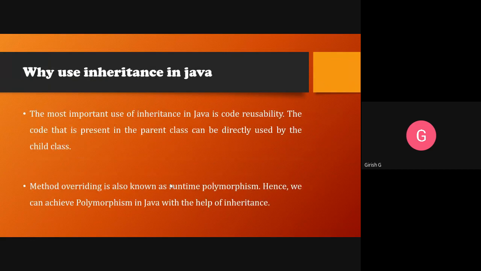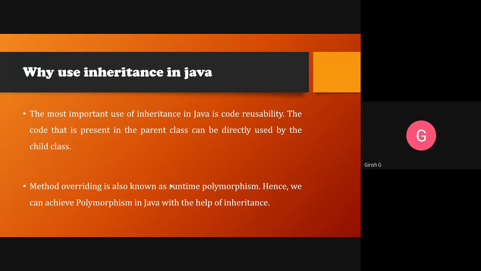Now, why do we use inheritance in Java? The most important use of inheritance in Java code is reusability. As I told you, if you want to fetch data from one class to another class which already exists, this functionality helps us avoid creating new functionalities and new attributes.